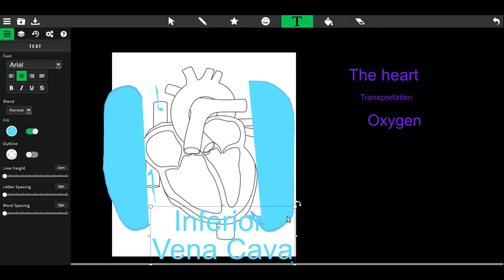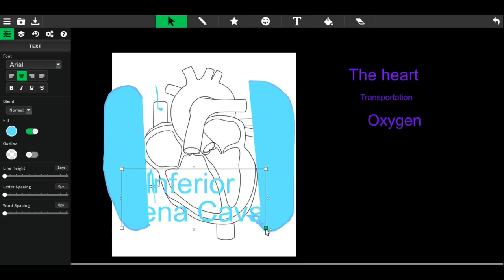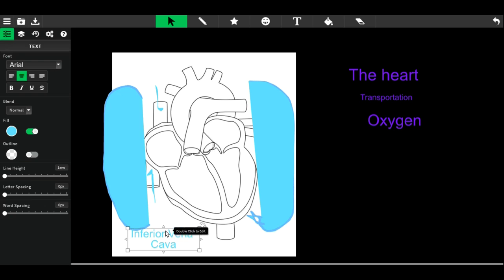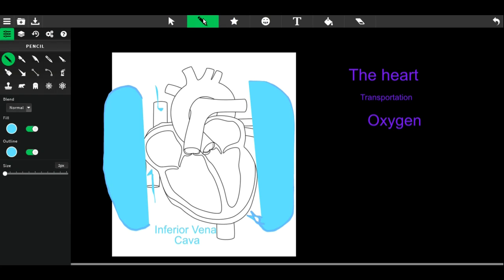It is a vein, and the definition of a vein is to bring blood towards the heart so it can refuel on oxygen. So that's the inferior vena cava right over here.